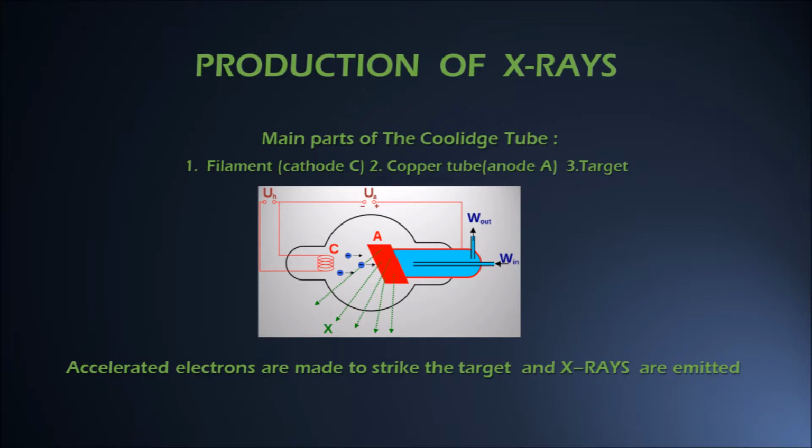About 99.8% of electrons' energy is converted into heat and only 0.2% of incident electrons' energy appears in the form of X-rays. The intensity of emitted X-rays depends on number of electrons falling on the target. The energy of emitted X-rays depends on velocity of the electrons.